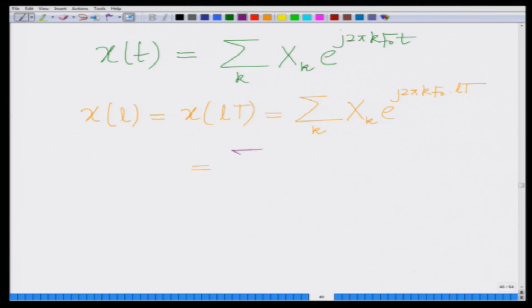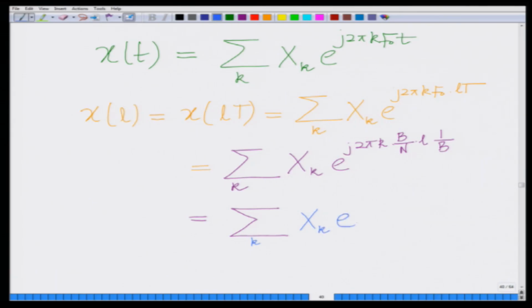This is equal to summation over k of x k e to the power of j 2 pi k. Remember, f naught is equal to B by n, and the sampling duration T is equal to 1 over B. Now if I simplify this further, if you take a close look, I have summation over k of x k e to the power of j 2 pi k L over n, that is equal to x L.